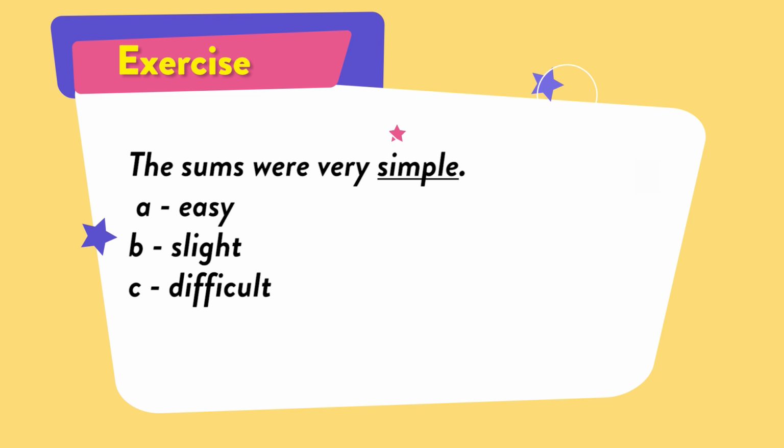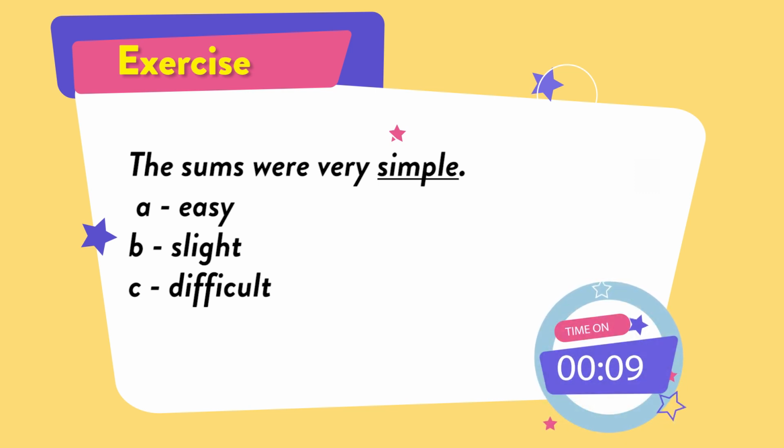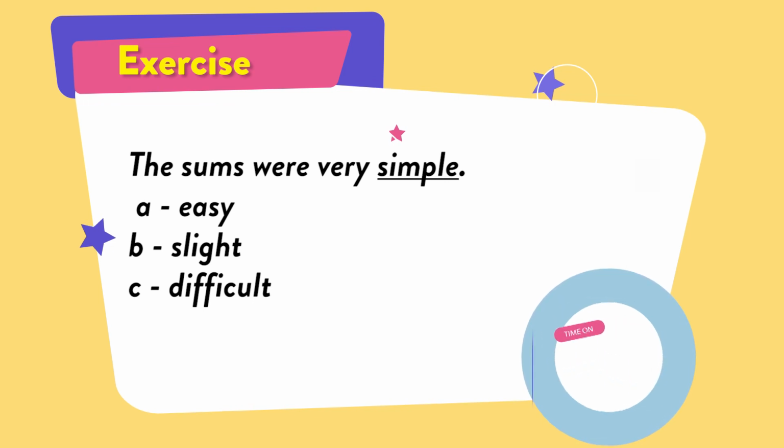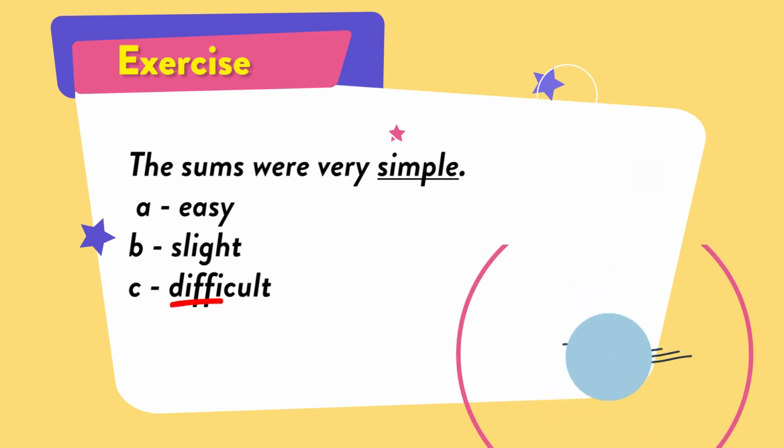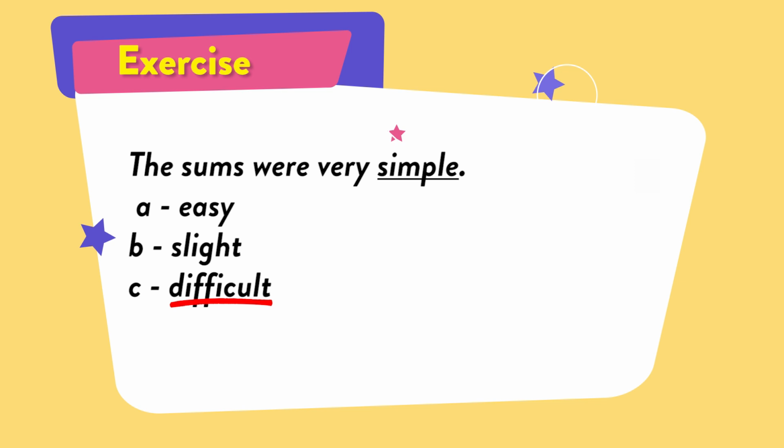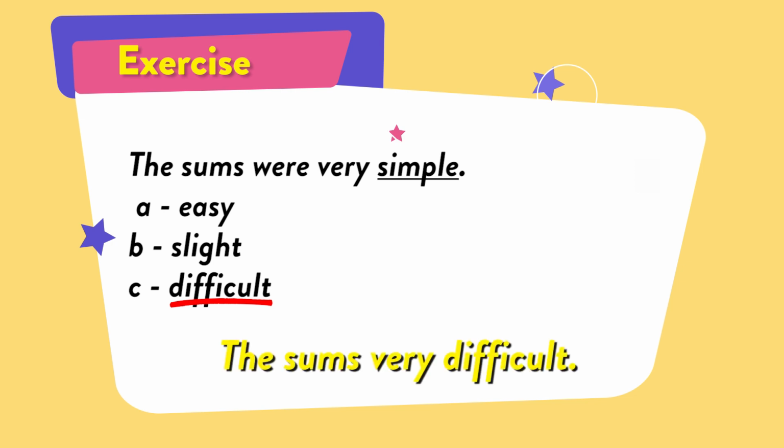Which of those choices is the opposite in meaning of the word simple? Yes, definitely. The opposite of simple is difficult. So our new sentence should read, the sums were very difficult.